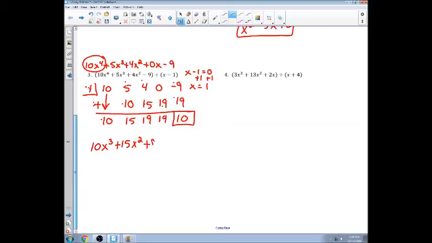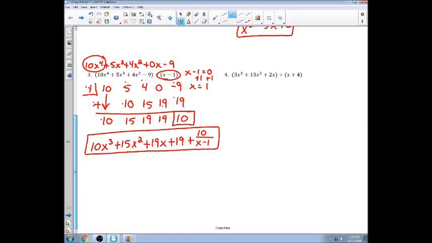Plus 19, drop it 1 degree, so it would be x plus 19. Drop it 1 degree, so it would be x to the 0. And we cannot have an x to the 0 power, so we do not need to write any x's there. Then I need to add my remainder. It's 10 over what it told us we're dividing by, which is x minus 1. And I'm done.